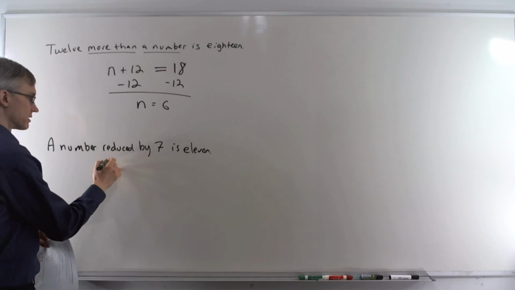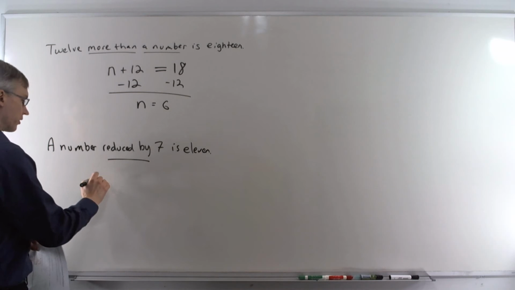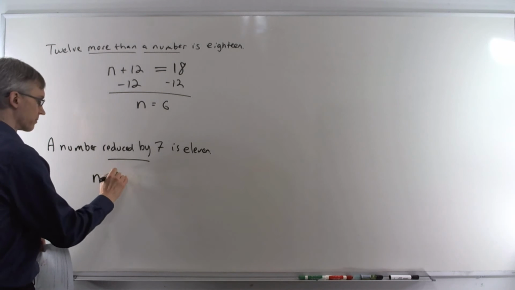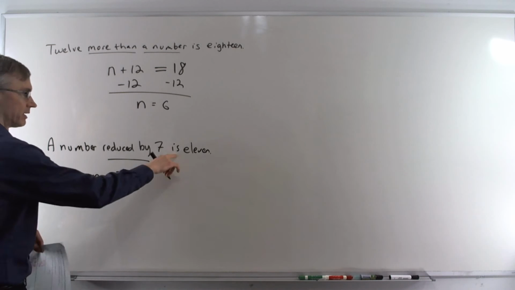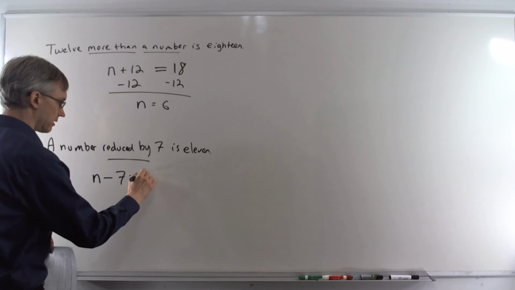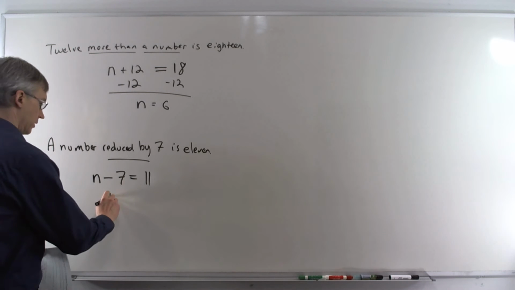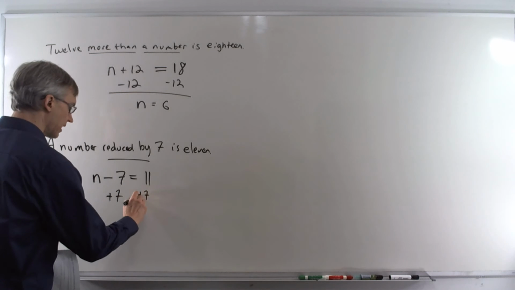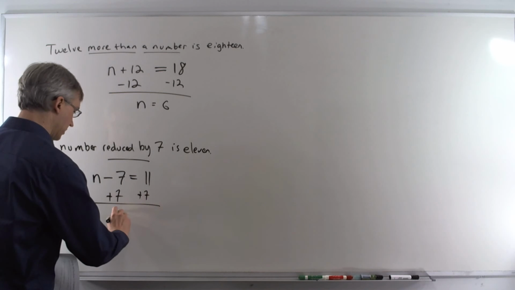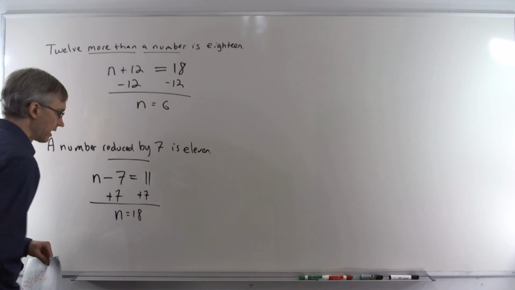"Reduced by," this is subtraction. So we'll start with our number, reduced by 7, so n minus 7, "is" is the equal sign, 11. I'll add 7 to each side, and n is 18.